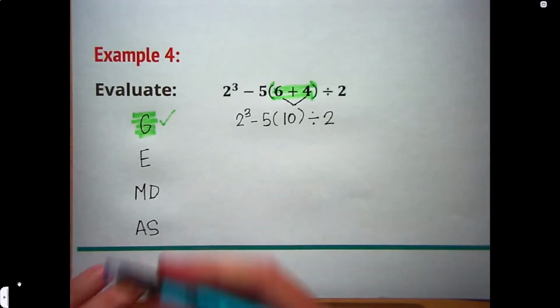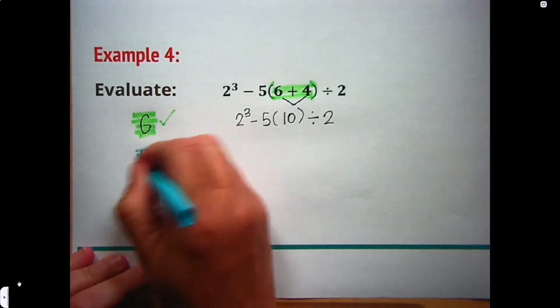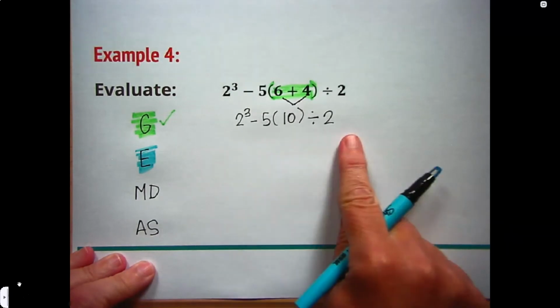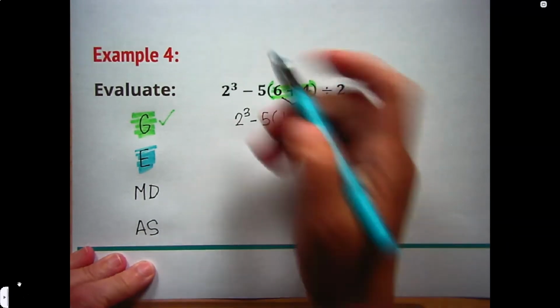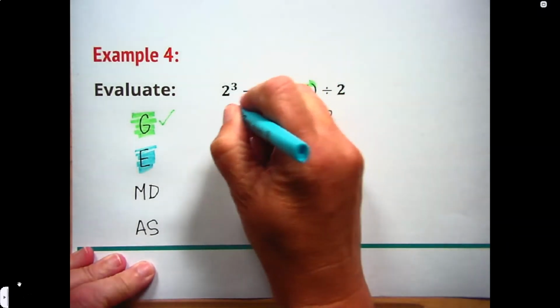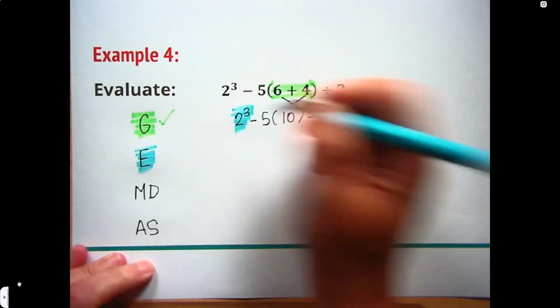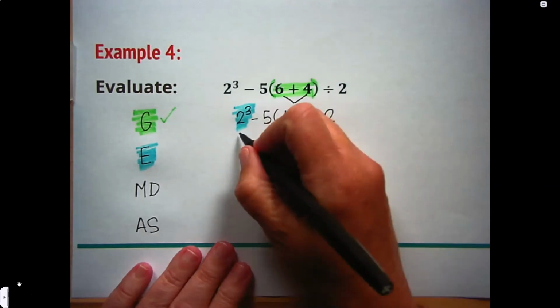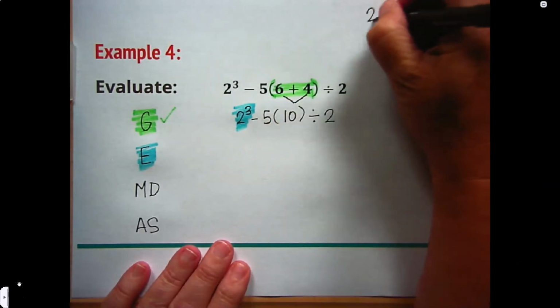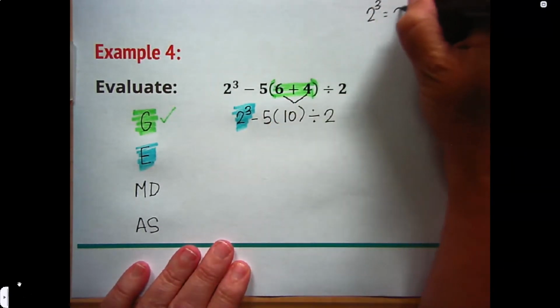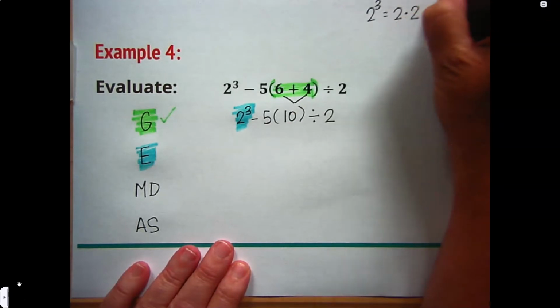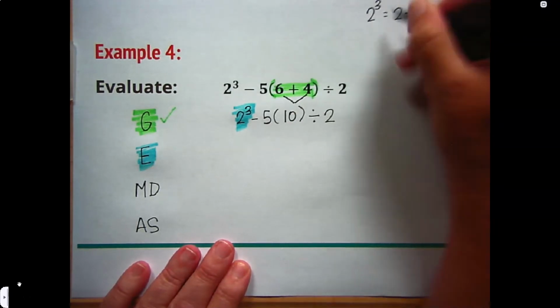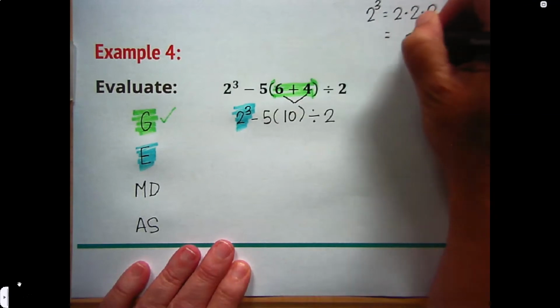All right, next up, look for exponents. When I look at my problem, I see an exponent right here at the start. So that tells me the next thing I want to do is that 2 to the third power. 2 to the third power means we're going to do 2 times 2 times 2. 2 times 2 is 4.